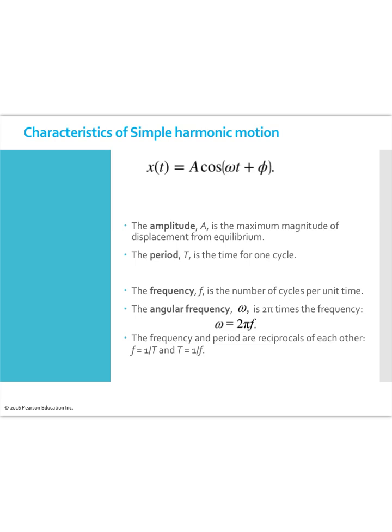So here we are summarizing this expression that we use for our simple harmonic motion. A is the amplitude, and it's the maximum displacement from the equilibrium of the mass on a spring. The period, T, is the time that it takes for the system to go through one complete oscillation.